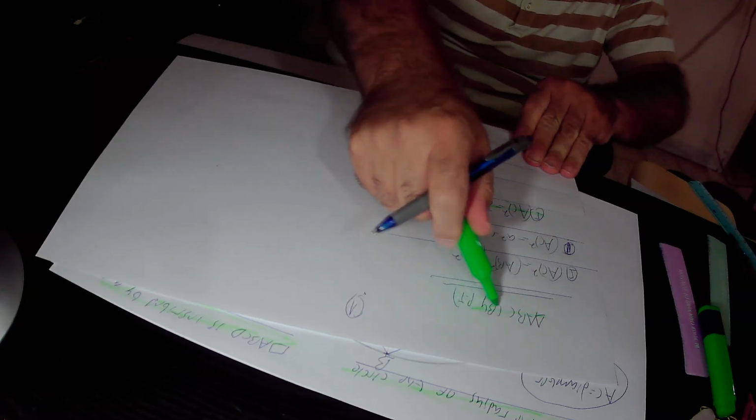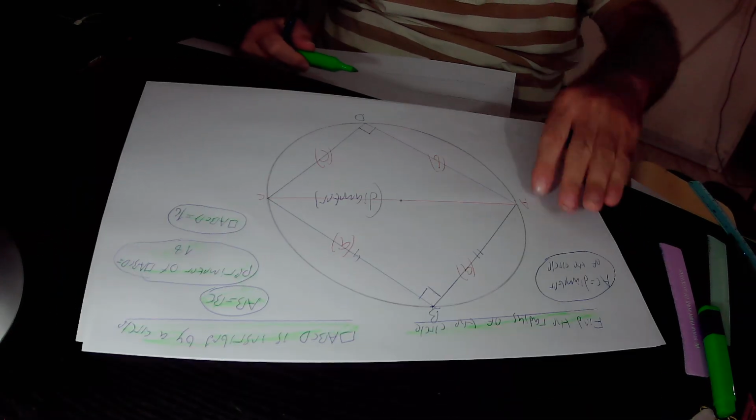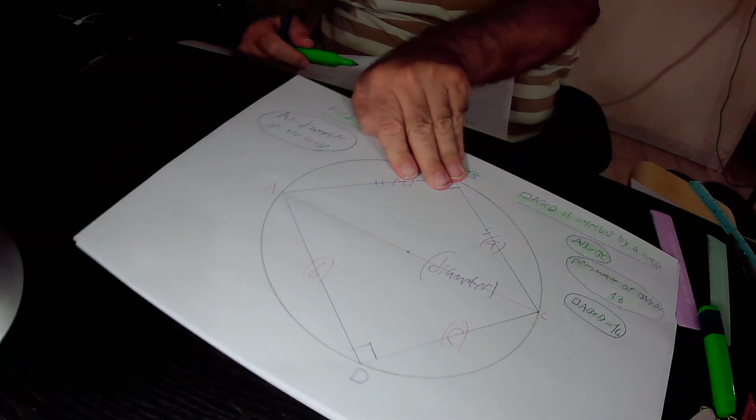In the next step, we'll implement the Pythagoras theorem on this right triangle, triangle ADC.